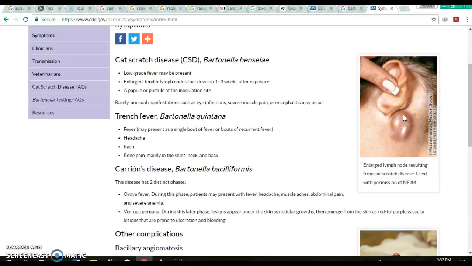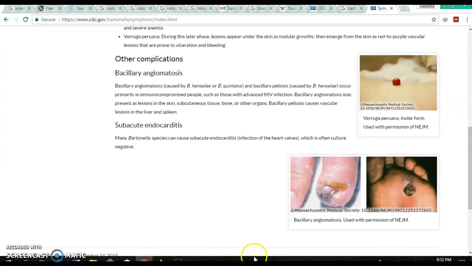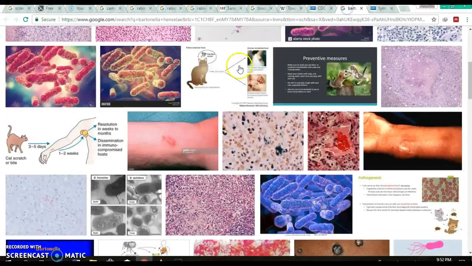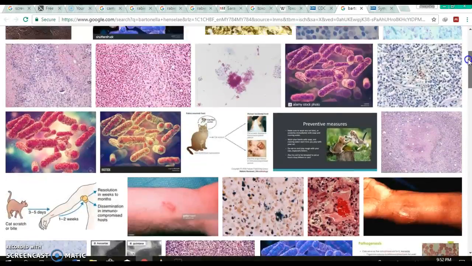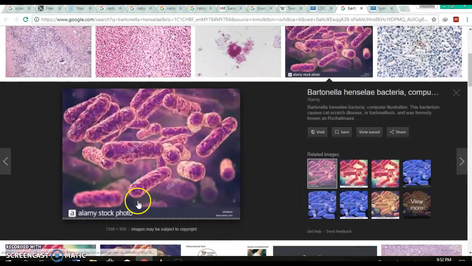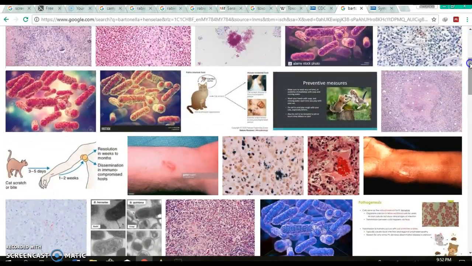When you get the scratches, the area will get swollen, and this is the other one. The shape of the bacteria is rod-shaped, like this 3D one, and some examples of this.